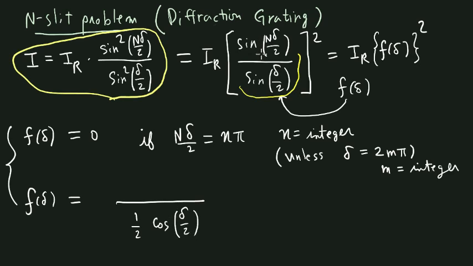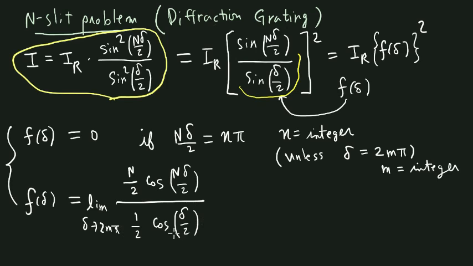And then the numerator becomes N over 2 times cosine of N delta over 2. And so the limit as delta goes to 2m pi.